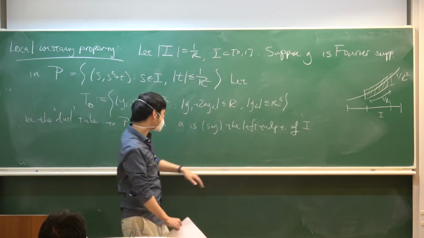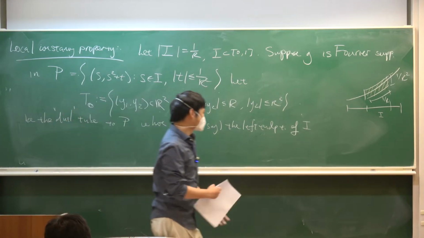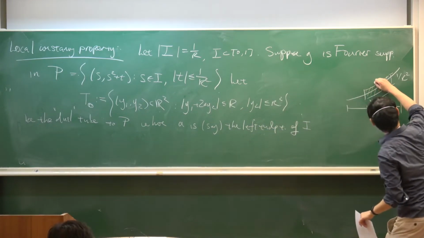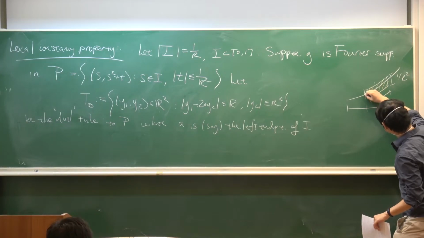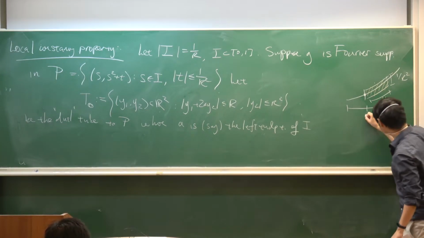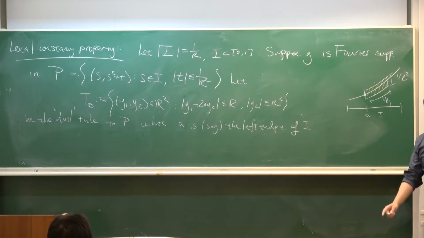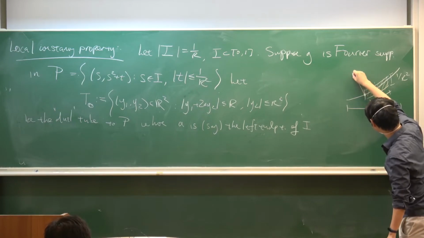Now let's draw this picture. What's T naught first? So I'm going to pick the left endpoint here. This is A. There is a normal direction attached to A, right? Let's take this direction over here.